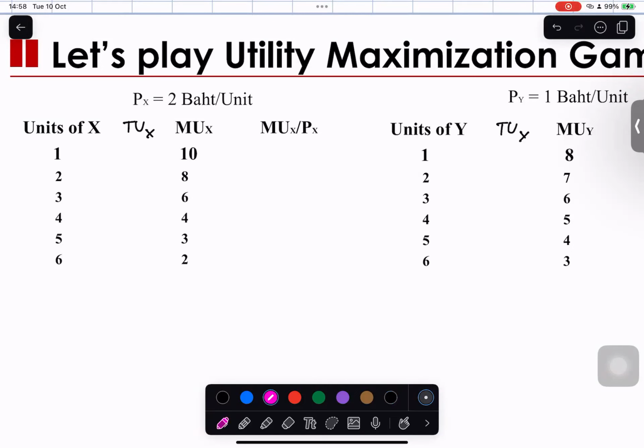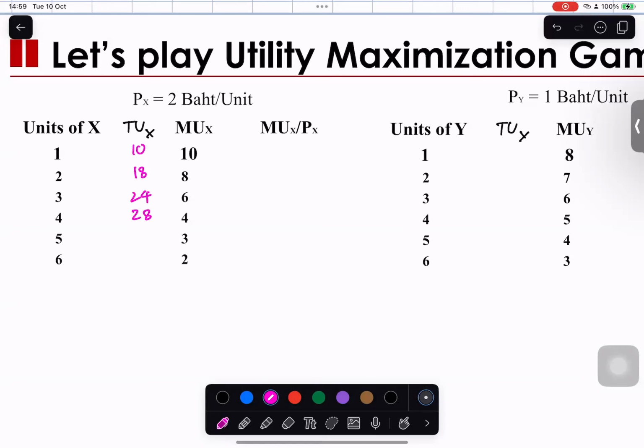If he consumes 1 unit of X, 1 unit of X gives 10. That's marginal utility. If he consumes in total 2, he must receive 10 plus 8, becomes 18. If he consumes in total 3, he adds up from unit 3, 18 plus 6, 24.